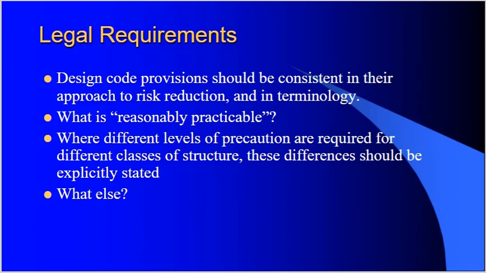Where different levels of precaution are required for different classes of structure, these differences should be explicitly stated. And codes should also review the legal requirements and consider what else needs to be changed in the codes to ensure that they satisfy all the requirements of the law.